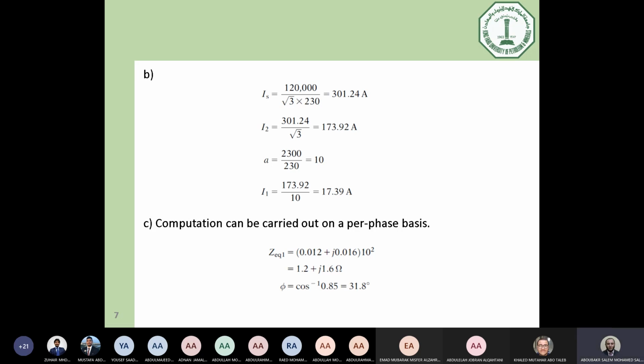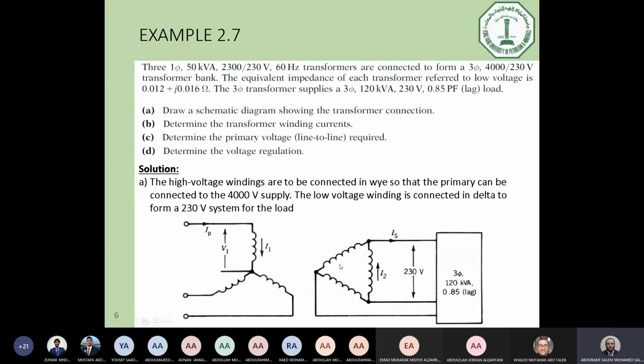Again, you are going to move from side 2 to side 1, so respect or start with the side you are going to. So you should multiply by N1 divided by N2, which is A squared for impedance. Voltage and impedance respect this ratio. Respect the place you are going to. Current is not respecting this ratio.